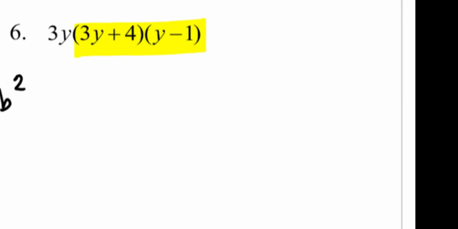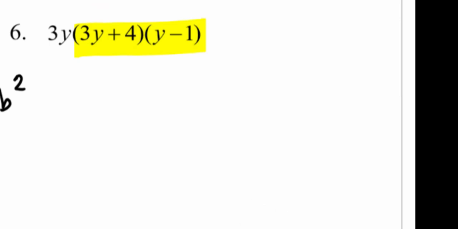You can go left to right if you'd like. You could go 3y times the 3y plus 4 and just start there, and then multiply times the y minus 1. But I notice that my students get the answer correct more times when they multiply the binomials first. So that's what I'm going to do.